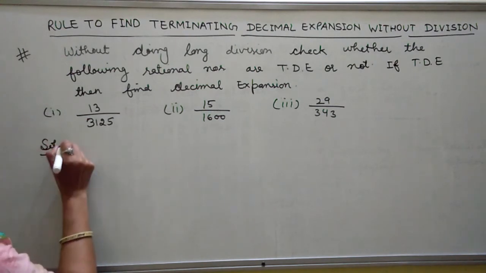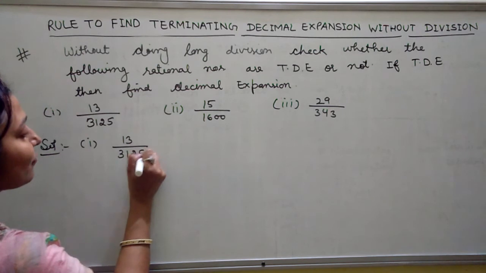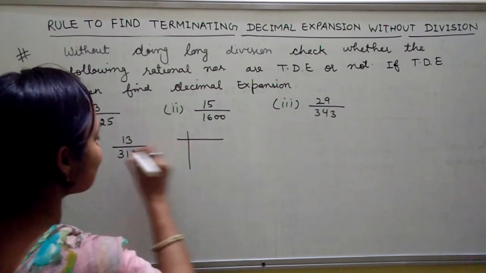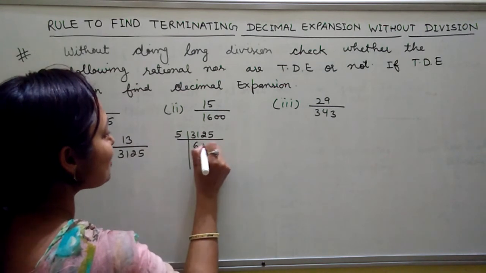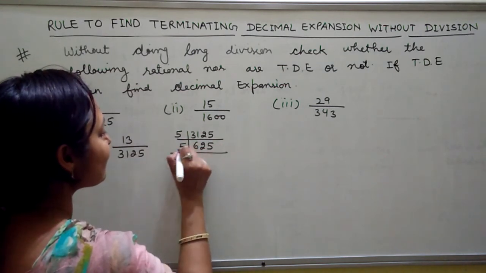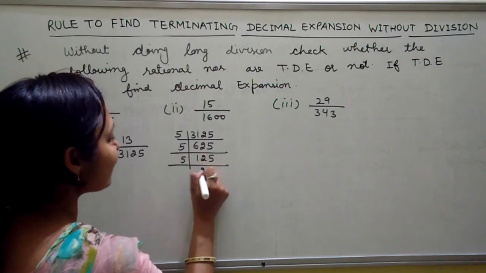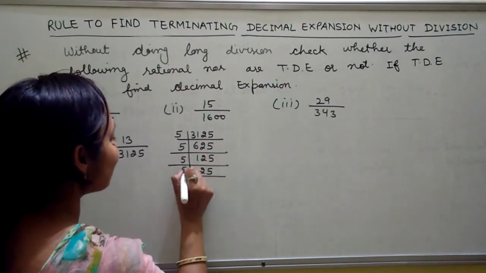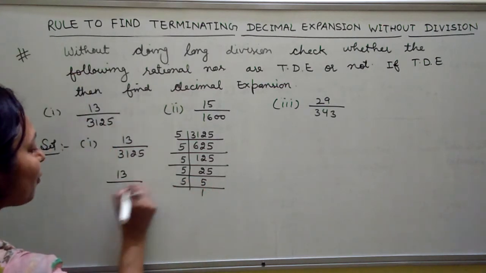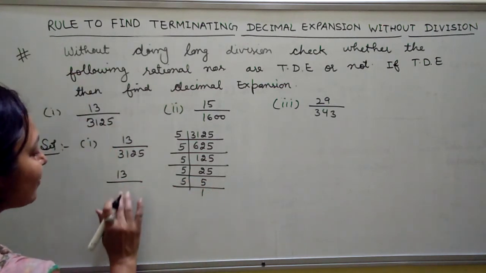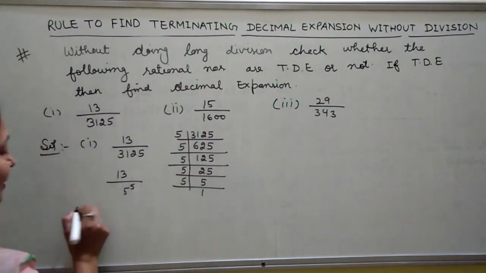Take the solution of the first one. First is 13 upon 3125. Factorize the denominator 3125. Divide by 5: 625, then 125, 25, then 5, 1. So we have 13 upon 5 raised to power 5.